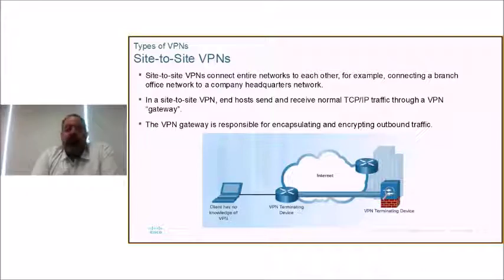Now, there's more than one type of VPN. What I was talking about earlier were site-to-site VPNs, where entire networks are connected to one another. In the site-to-site VPN, end hosts send and receive their traffic as per normal. Then that gateway will interpret the traffic and decide whether it is going to head office or whatever it might be.